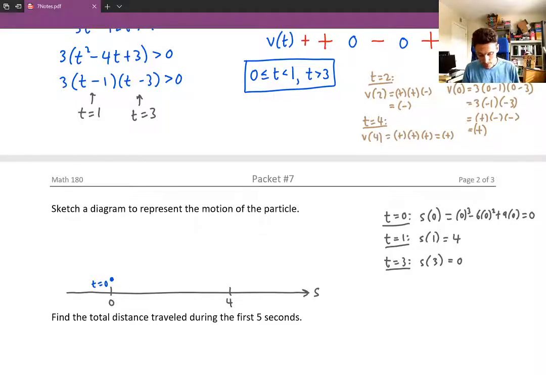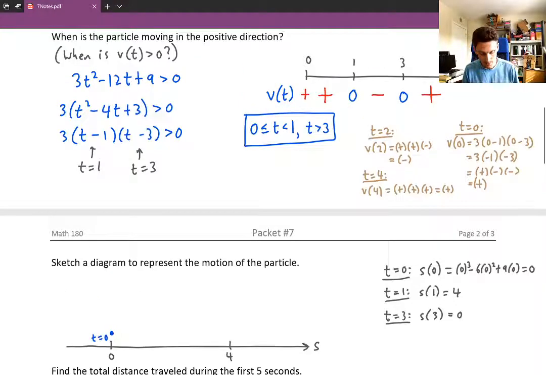Then the particle moves in the positive position direction because velocity is positive. When t goes from 0 to 1, velocity is positive. And so the particle is going to move from a position of 0 to a position of 4 over that time interval from t equals 0 to t equals 1.